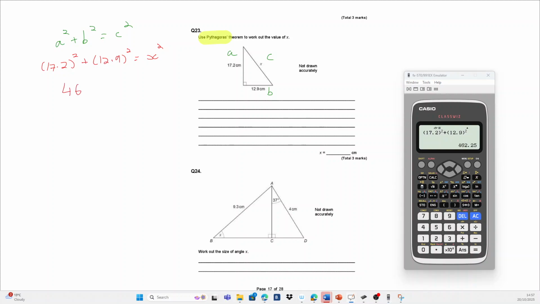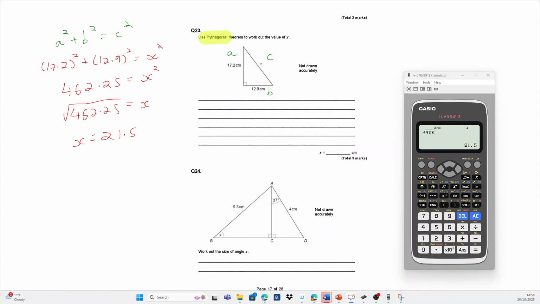So 462.25 is equal to x squared. But that's x squared. You've got to get x, so you've got to square root this number. So I'm going to put this in and root the answer. And there we go. I get this 21.5.